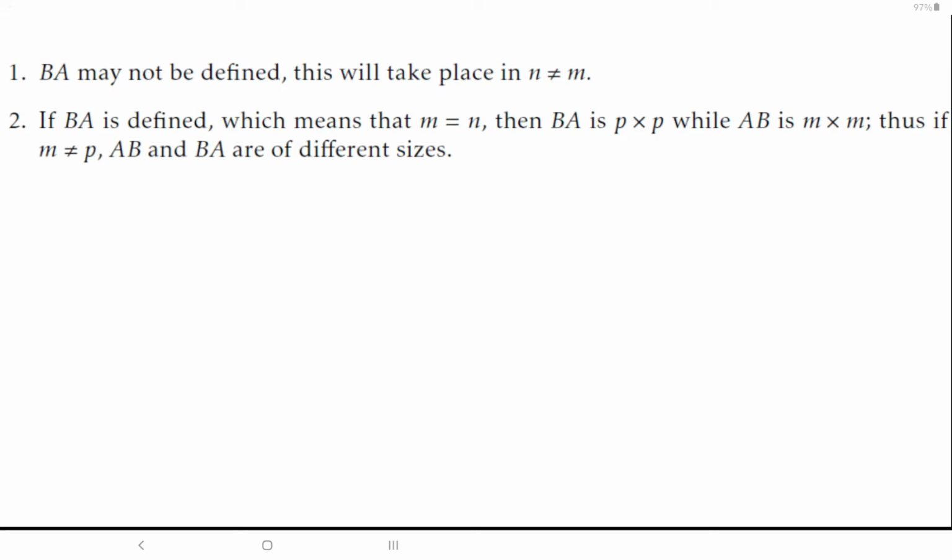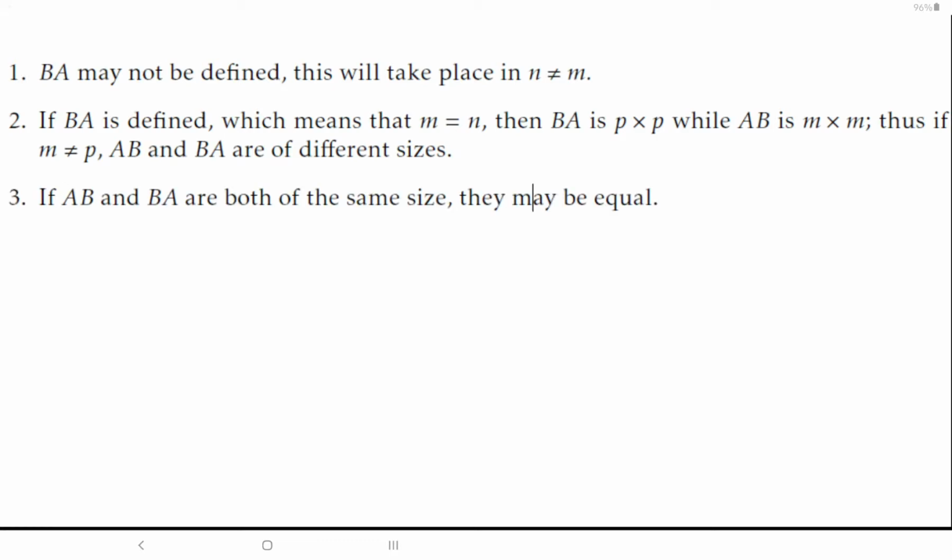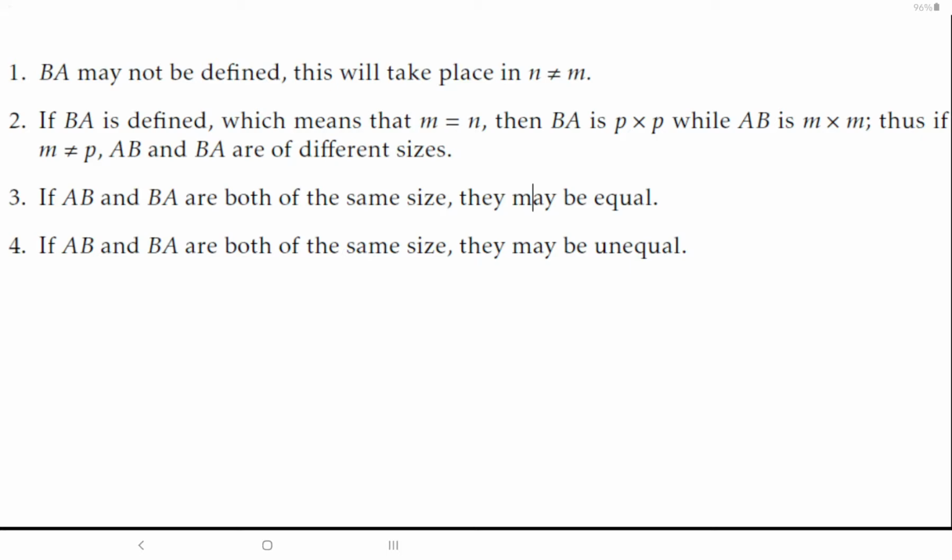So, in the case where M is not equal to P, then AB and BA are of different sizes. Okay. If AB and BA are both the same size, they may be equal. So take note of the word may, because they are not necessarily equal. Okay, so BA is not always equal to AB.